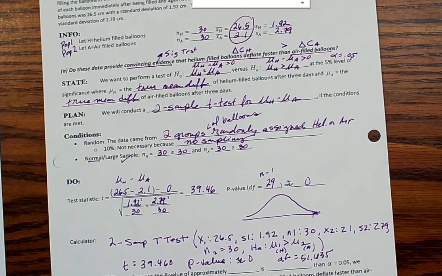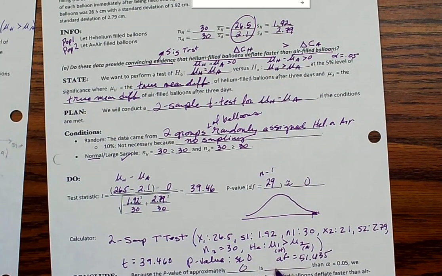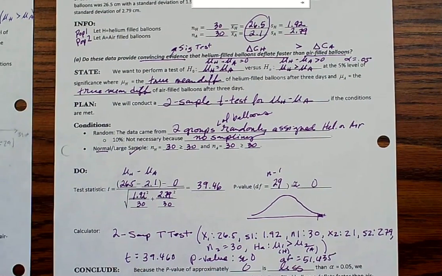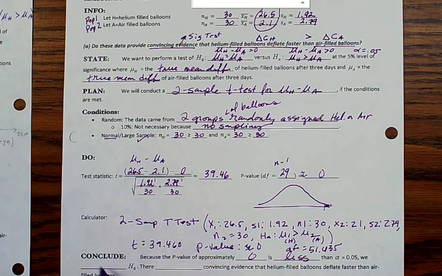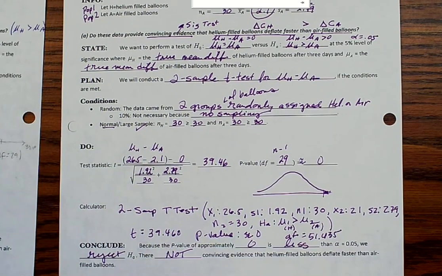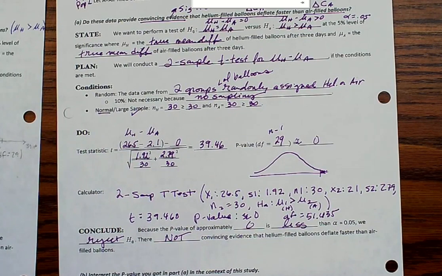So our conclusion is, because the p-value of approximately 0 is certainly less than an alpha of 0.05 or any reasonable alpha level we might pick, we reject H0. There is not convincing evidence that the helium balloons deflate faster than air-filled balloons.